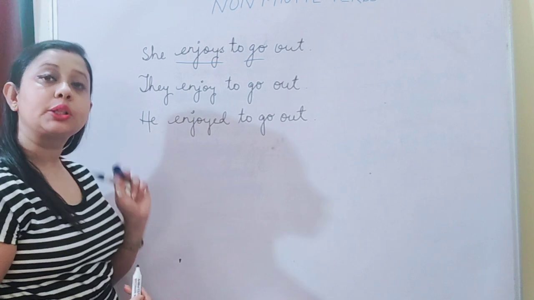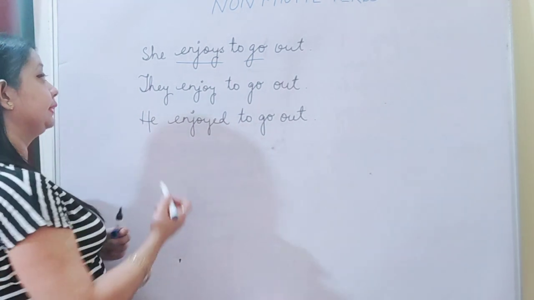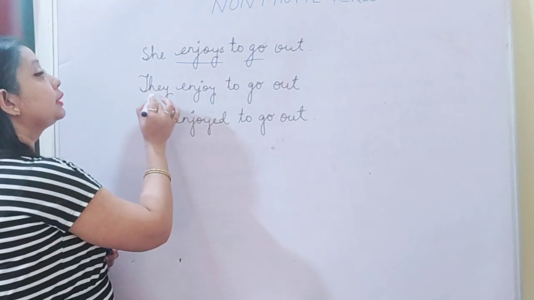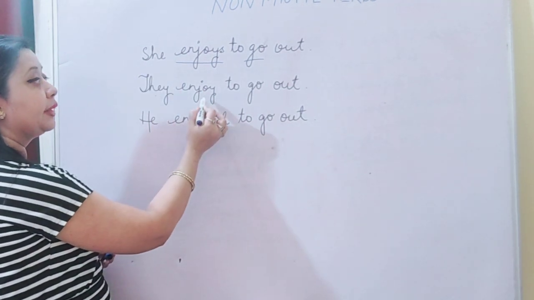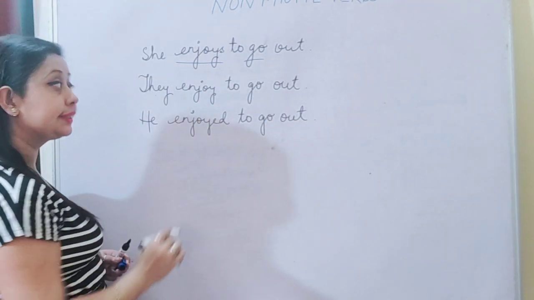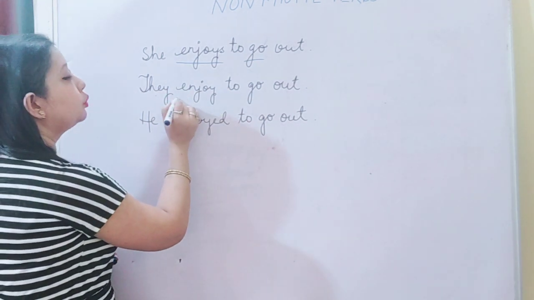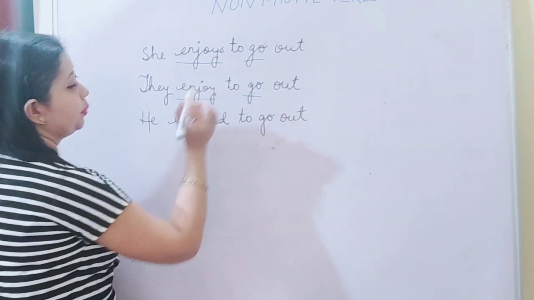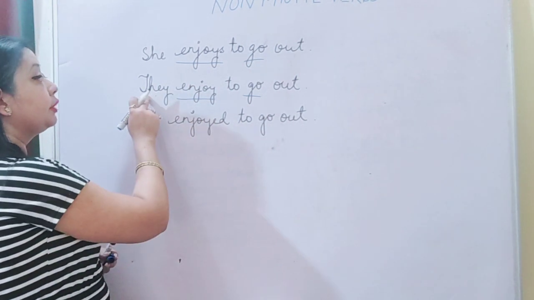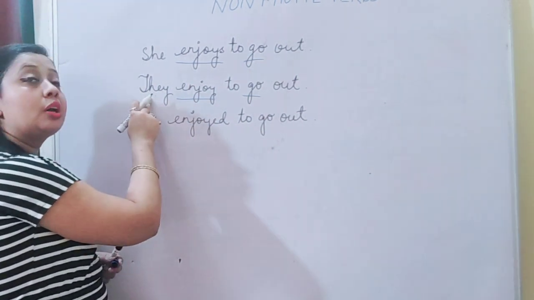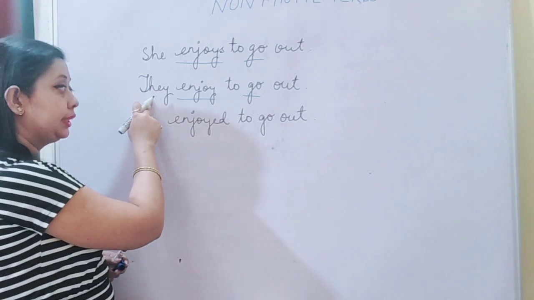Now this sentence is also in simple present tense where we have used third person plural with which the verb in present tense doesn't need any S. Here also we have two verbs, enjoy and go. And again, this go did not change its form even when the person of the subject had changed.